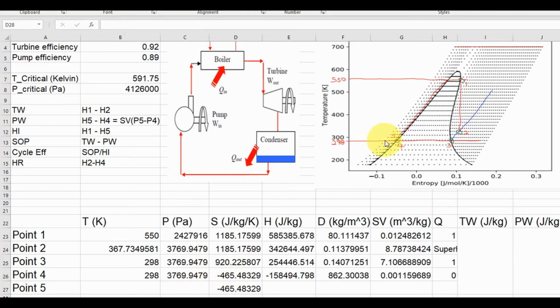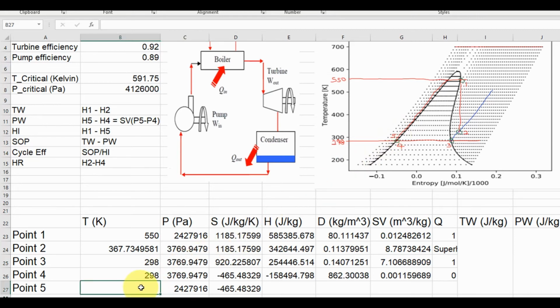Okay, we also know that at point 5, the pressure leaving the pump is equivalent to the pressure going into the turbine, assuming there's no pressure loss. So the pressure leaving the pump at point 5 is equal to the pressure going into the turbine. So we know the pressure here. So that at point 5, P5 is equal to P1. At least we know these two parameters. With these two parameters, we can find the temperature at this point.